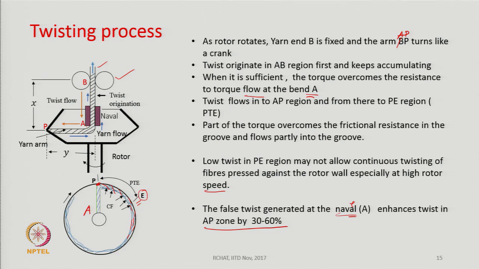So, there is a lot of frictional resistance to the twist flow, and then from P, part of the torque also flows along the periphery of the fibers which are there in the rotor groove. So, torque flows from top to bottom, or yarn flow is, as shown in the diagram, from bottom to top.